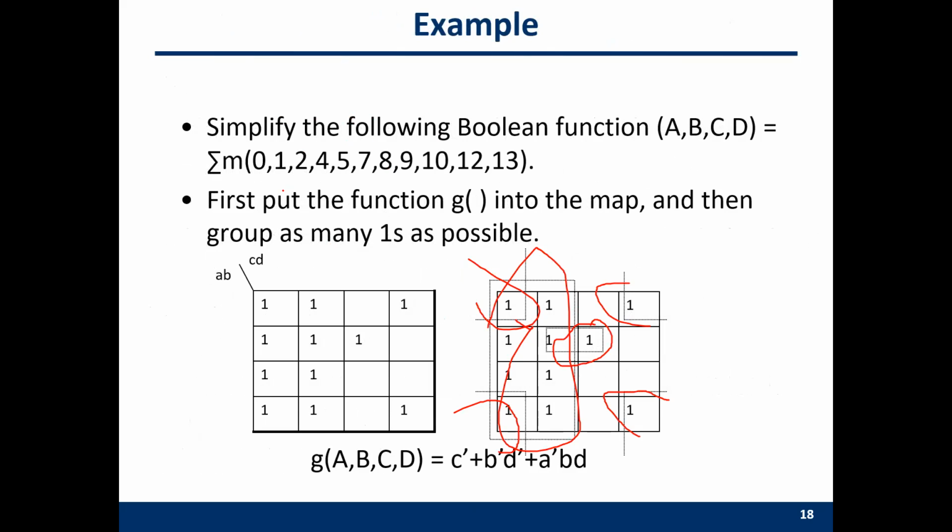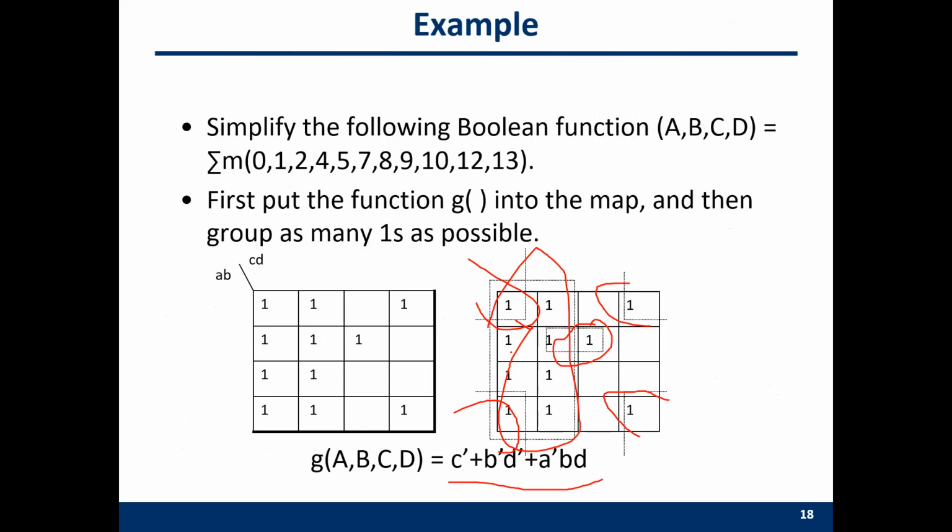So in total we have a large vertical group composed of these two columns. Then this is the second group, and this is the third group. Then we have three terms here.